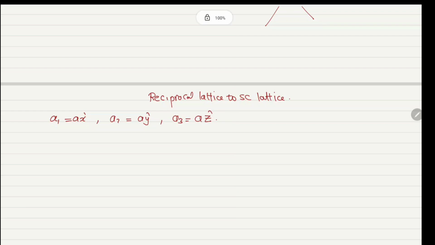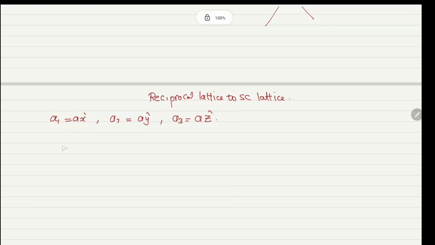Now let's define the reciprocal lattice of the simple cubic lattice. Remember, the primitive translation vectors of the simple cubic lattice are A1 equal to a x hat, A2 equal to a y hat, and A3 equal to a z hat.